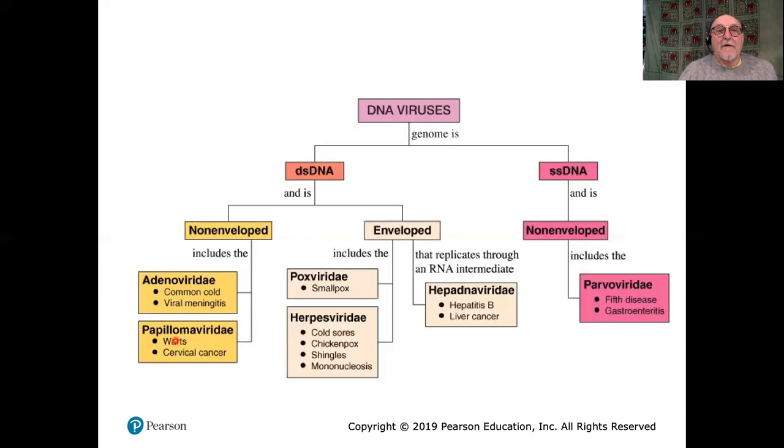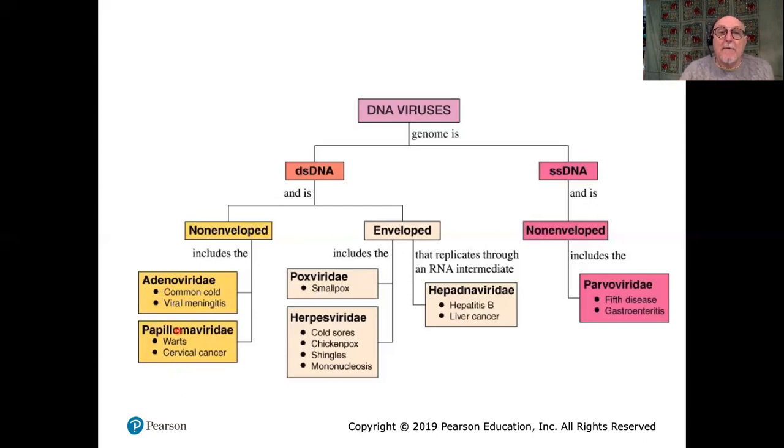The other group of non-enveloped DNA viruses that we need to hear about are things like the papillomaviruses, papillomaviridae. Now, papillomavirus is extremely common, but there are many different strains with different clinical effects. And I'm not going to go through all the details of the illnesses at the moment.